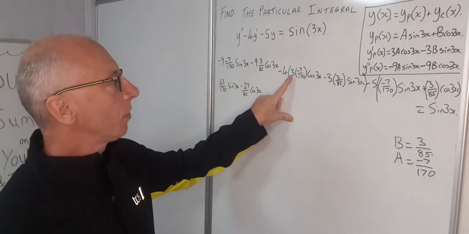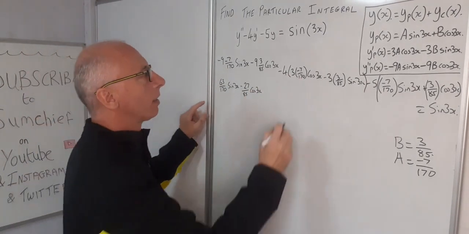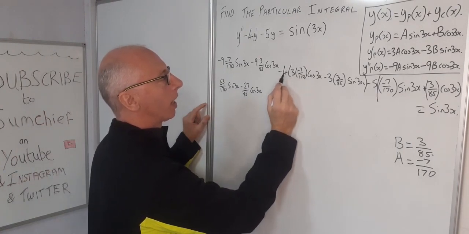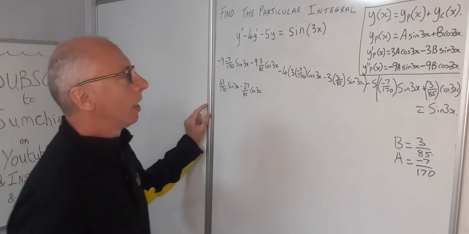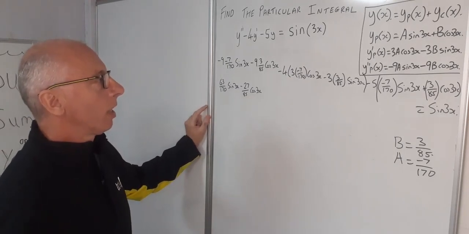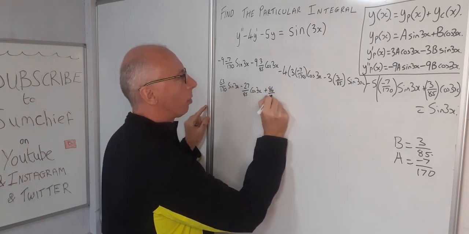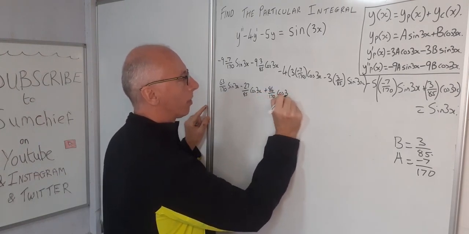And then we need to do minus 4 times these inputs here. So 3 times minus 7 is minus 21. Minus 21 times minus 4, so that's going to give us 84, plus 84 over 170 cosine 3x.